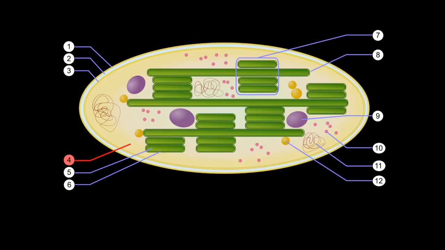You look at that, that's all of this darkish yellow stuff that's outside the green but still inside the inner membrane, all throughout here.